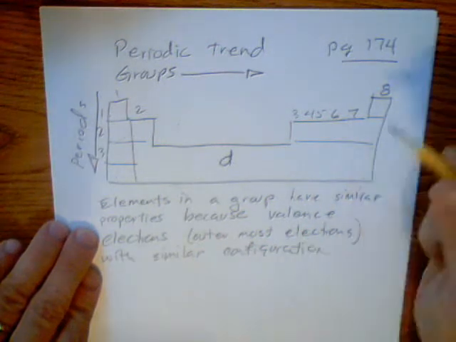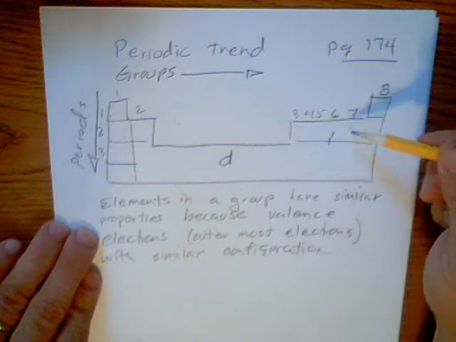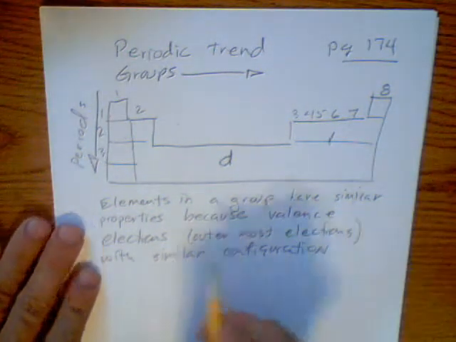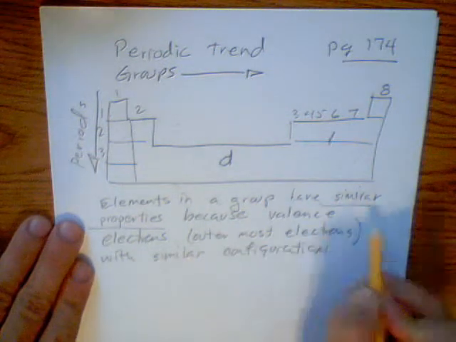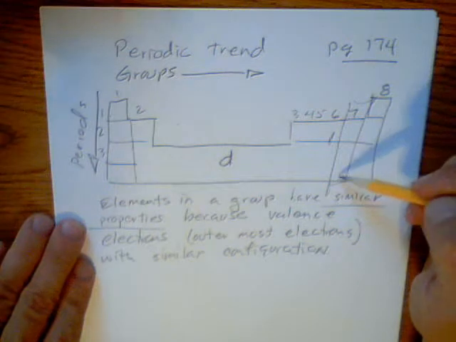All right, because they have a similar configuration, P, as I said, and the difference is the principal energy level. They all are going to have very similar properties. So all the elements within a certain group are going to have very similar properties.